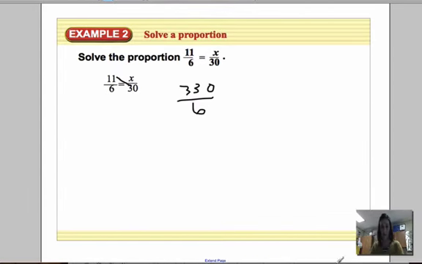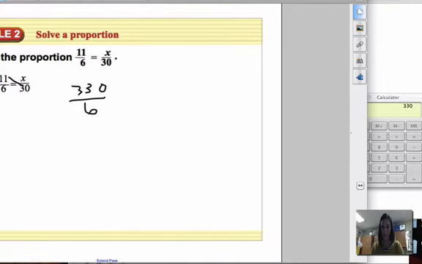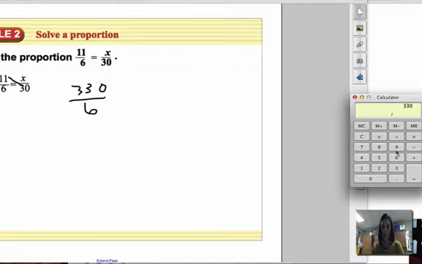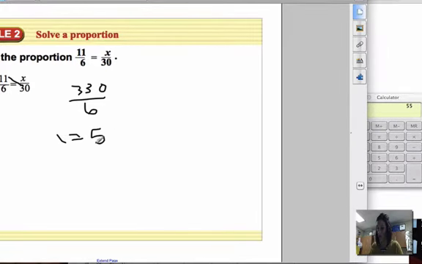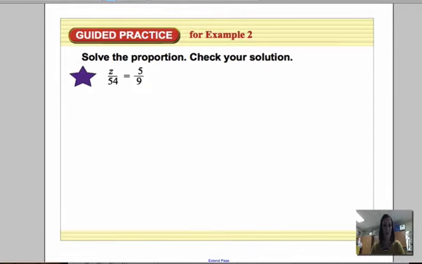And divide that by 6. X equals 55. Okay, go ahead and solve this proportion by cross multiplying and dividing.